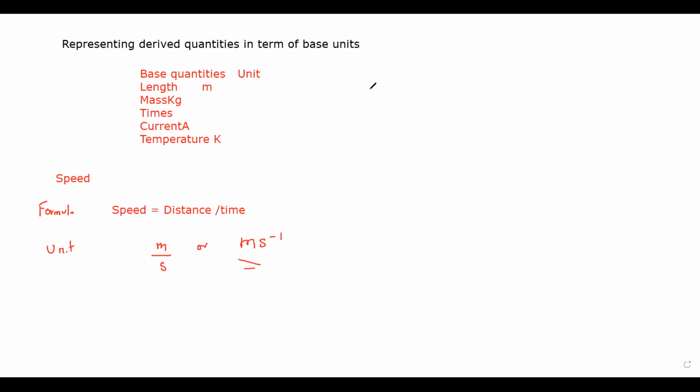Same way, example, if I say force. So first thing, you have to write a formula for force. We know force is equals to mass multiplied by acceleration.